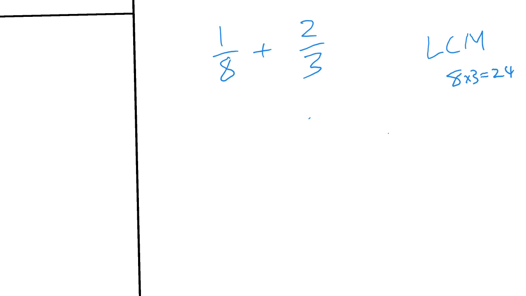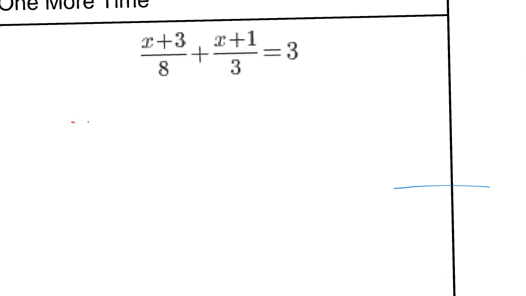So we would make both of these fractions over 24, and that would allow us to bring these things together. Now, another way we can do this is we can use the multiplication of these denominators to help us get rid of some ugliness.